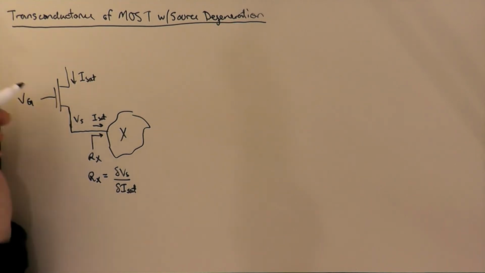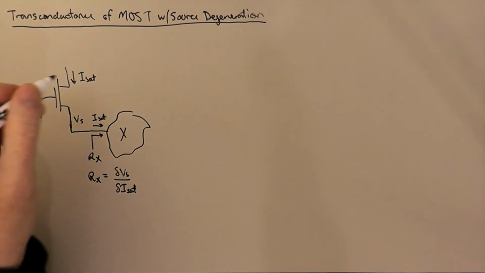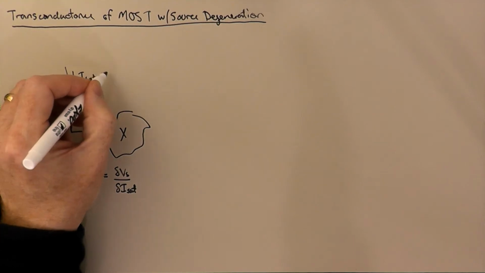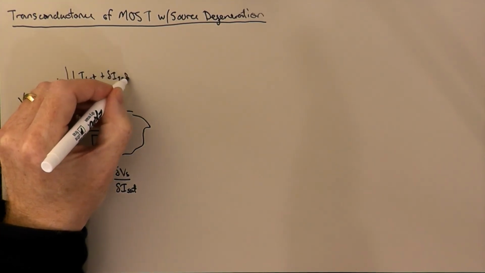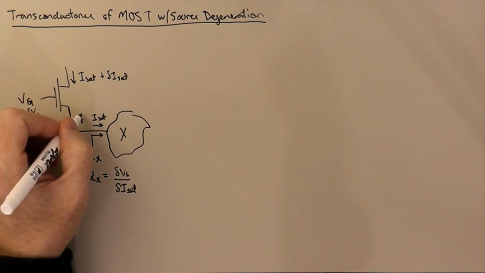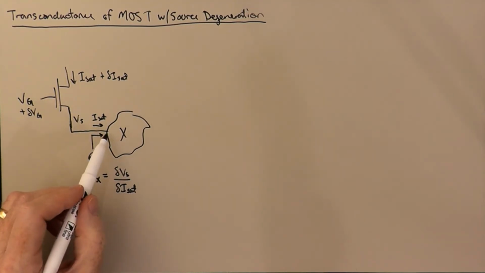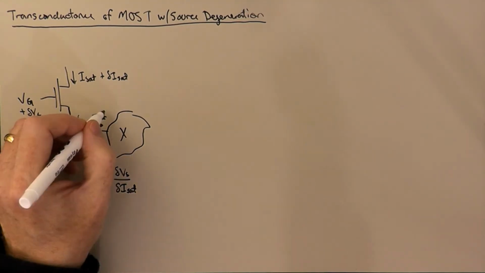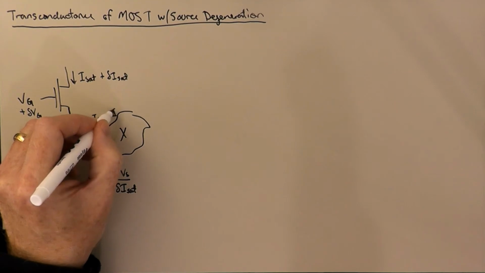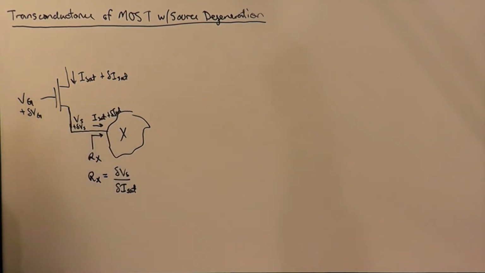And so if we were to apply a delta Vg to the gate here, the current I sat would increase by some delta I sat, but also that current has to flow out of the source and into this thing down here that's connected to the source. And so this will also have to increase by delta I sat, and Vs will have to increase by some delta Vs in order for that to happen.